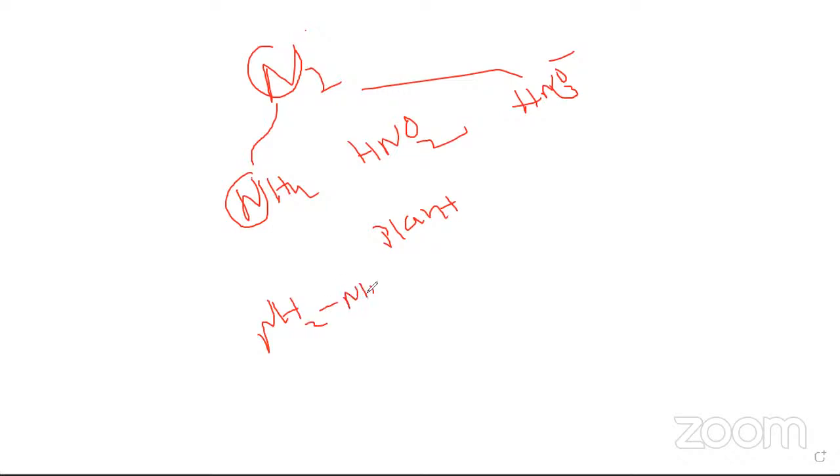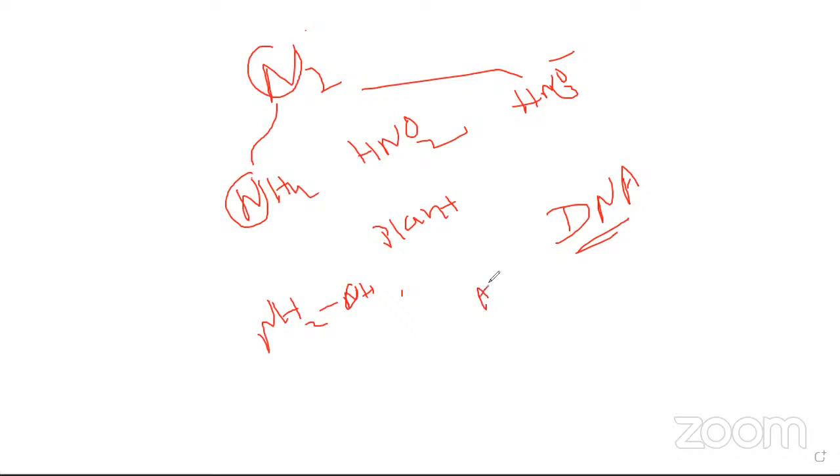NH2, the amino group, is present in amino acids. And another one is nucleic acid. Nucleic acid means DNA or RNA. If you take DNA, what is present in DNA? Nitrogen bases first.